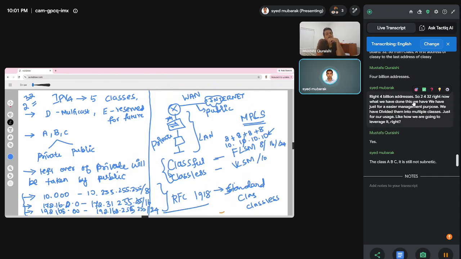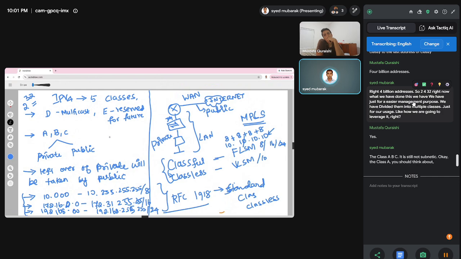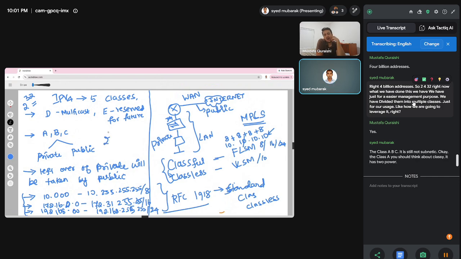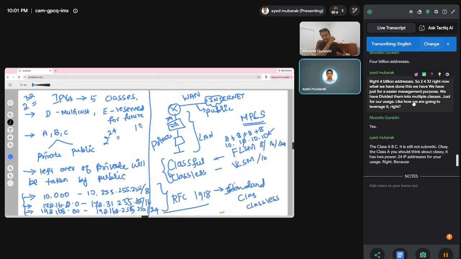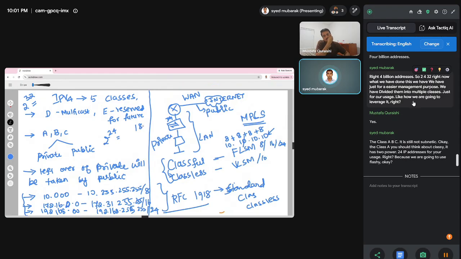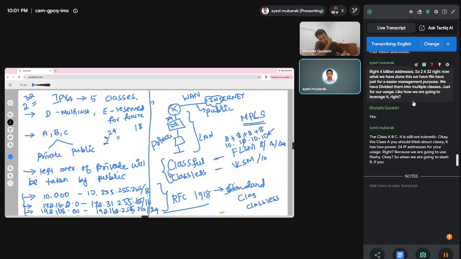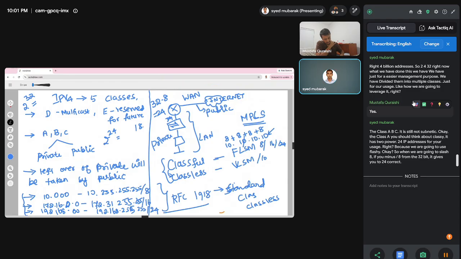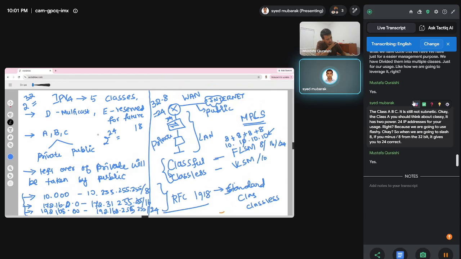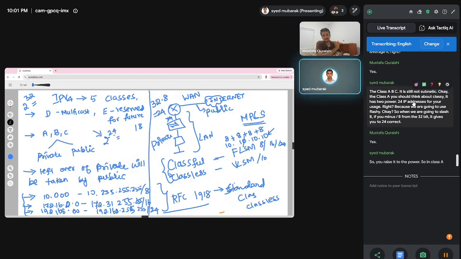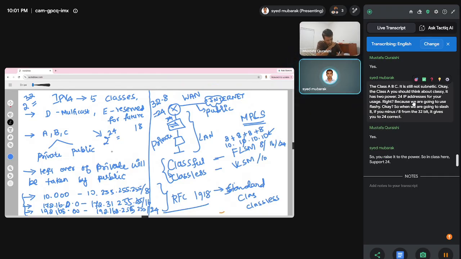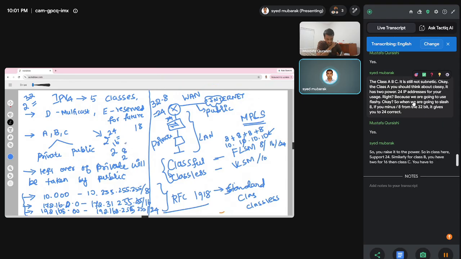If you think about class A, it has 2 power 24 IP addresses for your usage, because we are going to use slash 8. If you subtract slash 8 from the 32 bits, it gives you 24. So in class A you have 2 power 24. Similarly for class B you have 2 power 16. Then class C you have 2 power 8 IP addresses, correct?